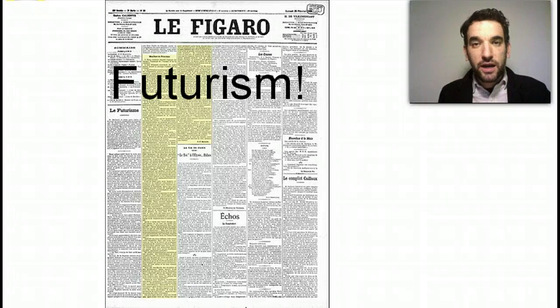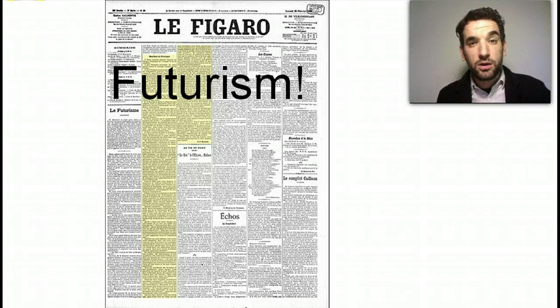So I said right up front that Marinetti is not a visual artist, he was a writer. A lot of the initial people involved with the Futurist movement were also writers and not visual artists.